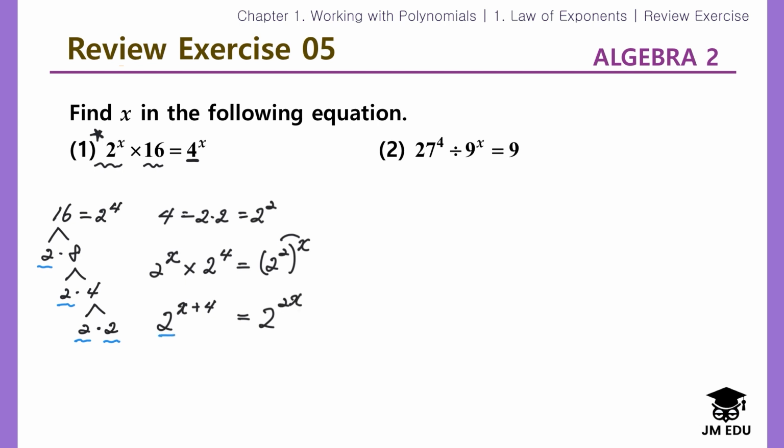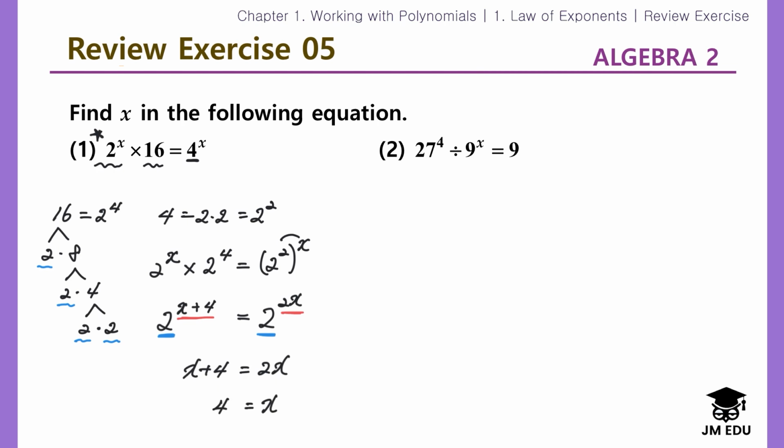So we have same base 2, right? And all of this expression is equal to this, which means x plus 4 must be equal to 2x. Subtract x from each side, so x is equal to 4.